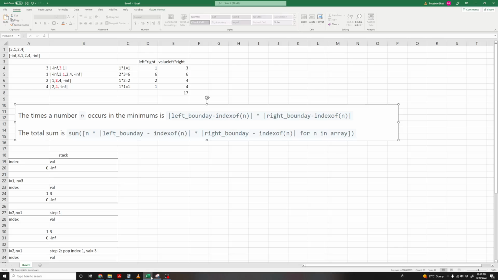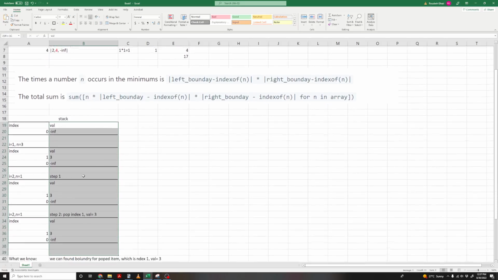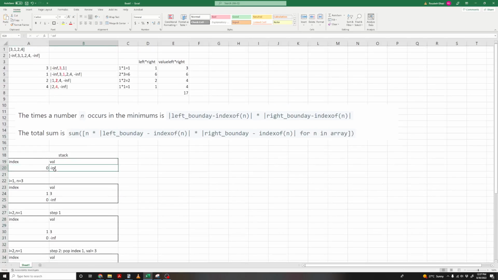So to give you an example, let's say here we start looping. First we add minus infinity to the stack. I'm just putting the value here for more clarity, though we actually put the index. We put the value minus infinity on the stack. What's the next value? 3, at index 1. 3 is larger than minus infinity, so we add it to the stack.